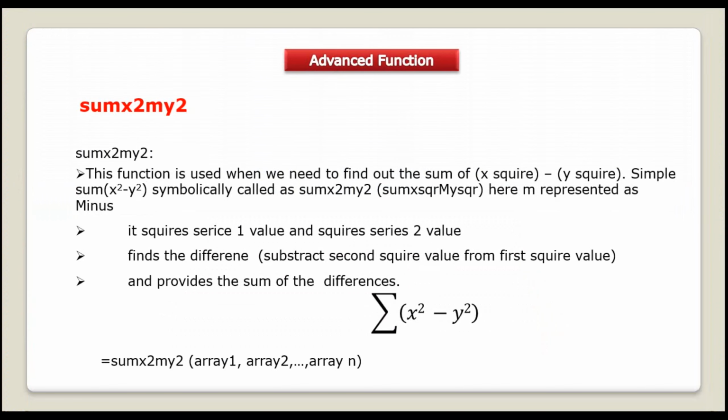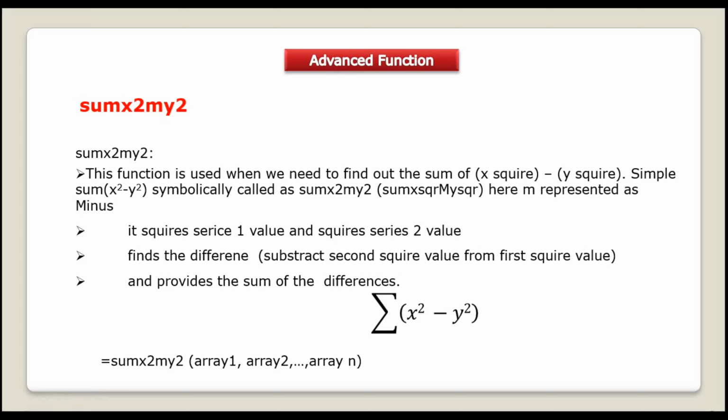Coming to the first one, this is SUMX2MY2. It is simply called sum x square minus y square. This function is used when we need to find the sum of x square minus y square. First it requires series 1 and series 2.